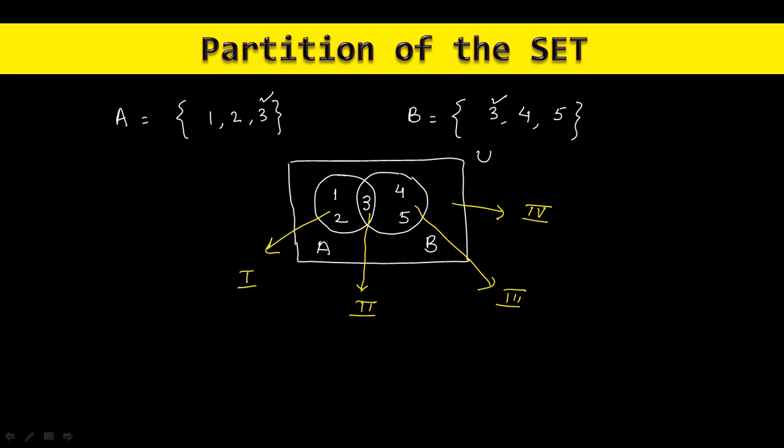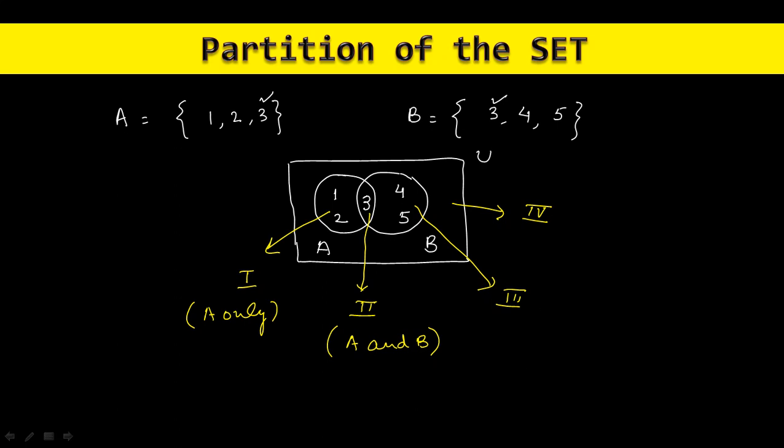Now what about part 1? Part 1 is A only. There is no element which is common with B. Now what about part 2? Part 2 comprise of A and B, means the elements common to A and B both.